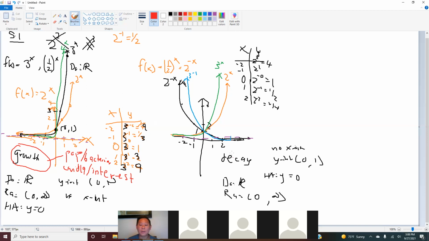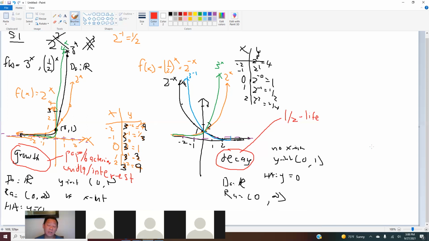For the decay part, the kind of problem we use is half-life. What is half-life? For plutonium, carbon-14, and all those radioactive elements, what we call half-life years: after a certain number of half-life years, the amount of plutonium or carbon or whatever you have will be cut in half.